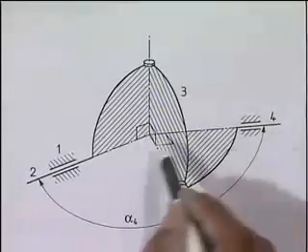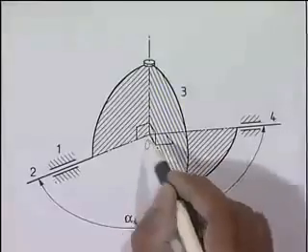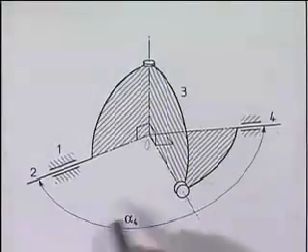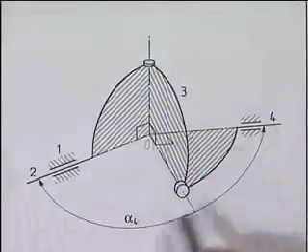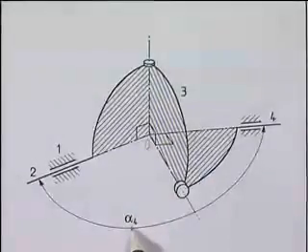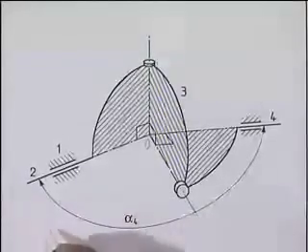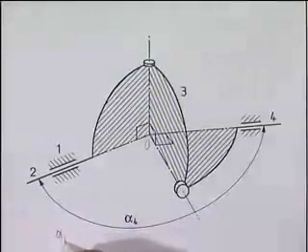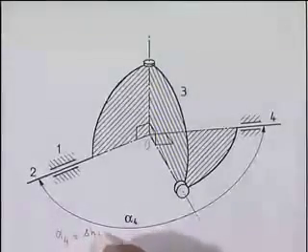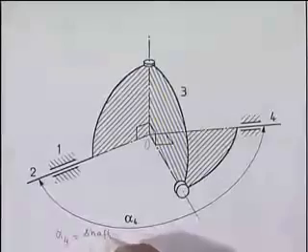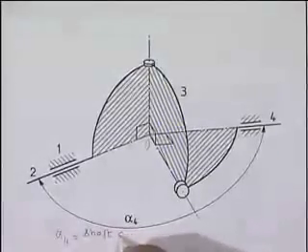These two shaft axes which are intersecting at the point O, these two lines lie in a plane, and the angle between these two lines, that is the input shaft and the output shaft, alpha 4, is called the shaft angle.